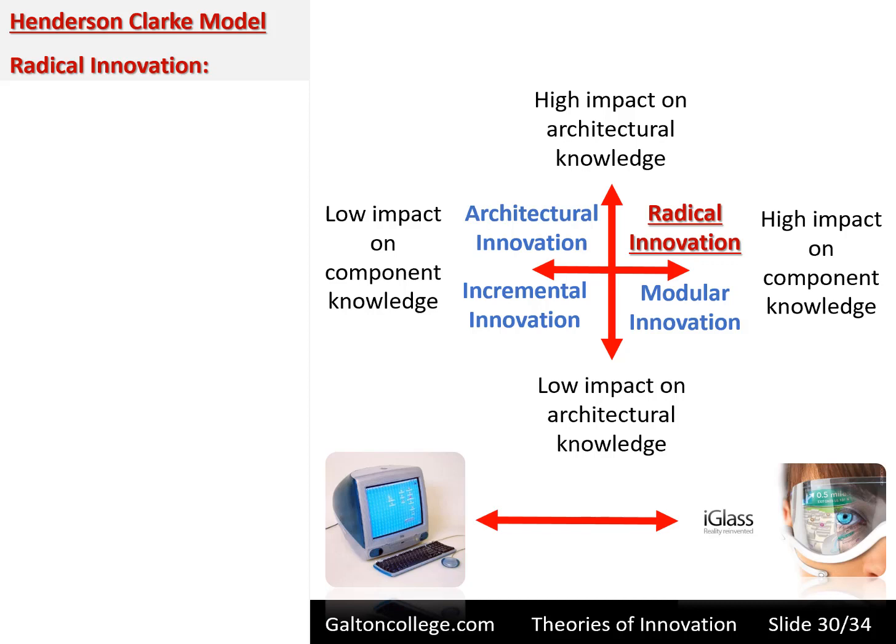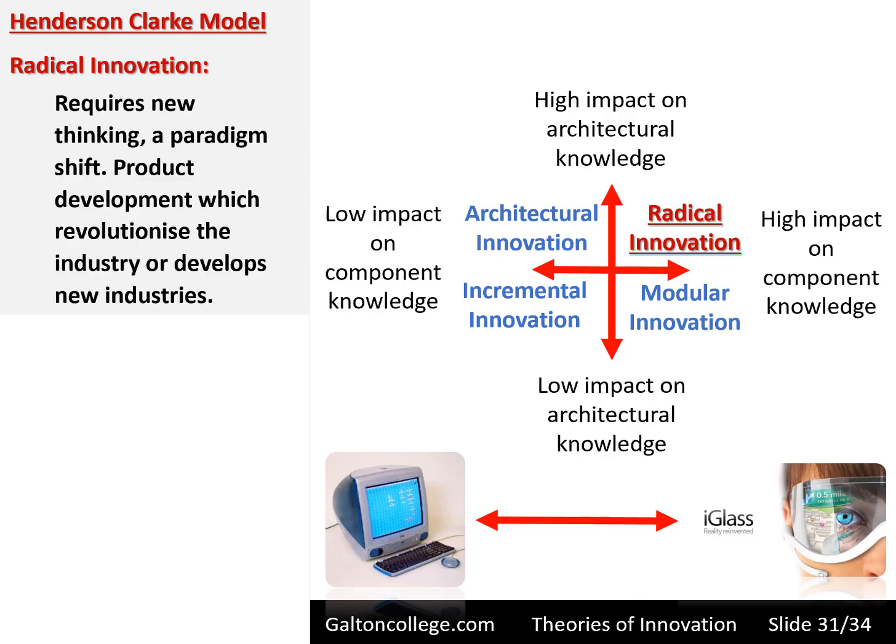That is fundamental innovation. That's different. So it requires new thinking. It's a paradigm shift, we call it. Paradigm shift means a big shift, almost a total shift from one to the other. Product development which revolutionizes the industry or develops new industries.